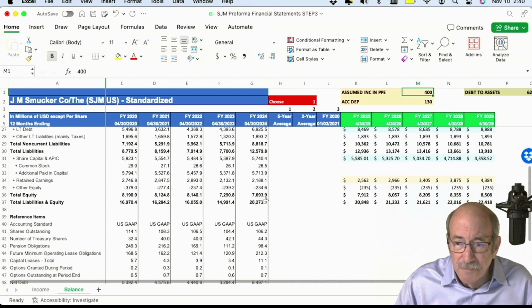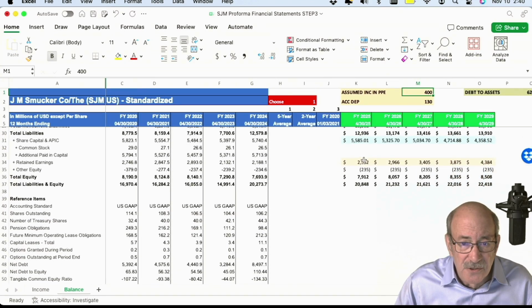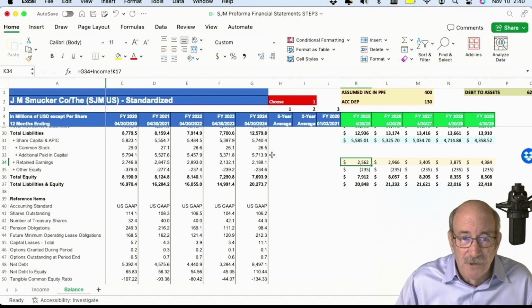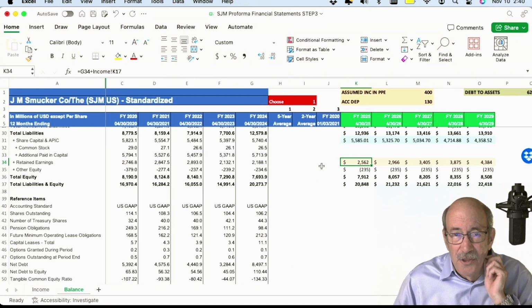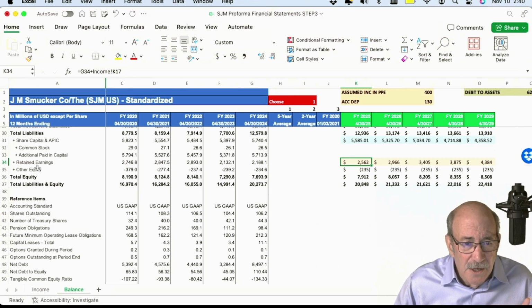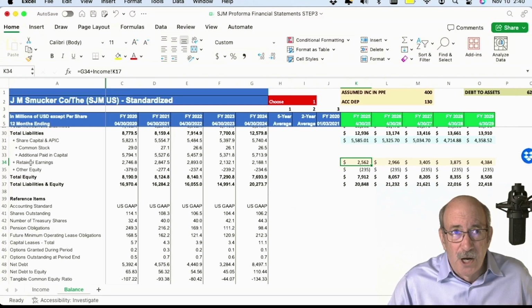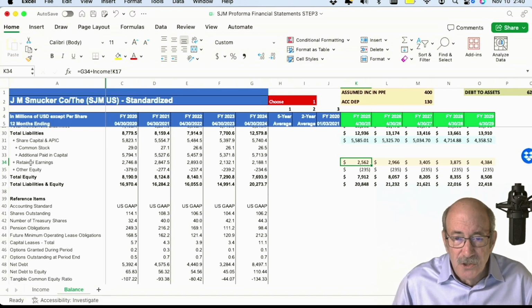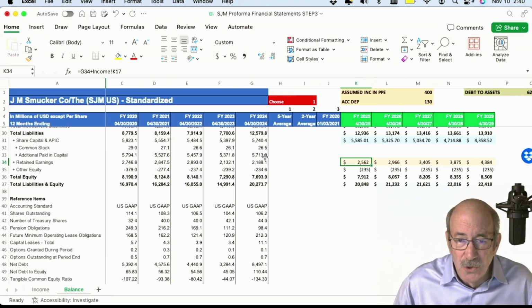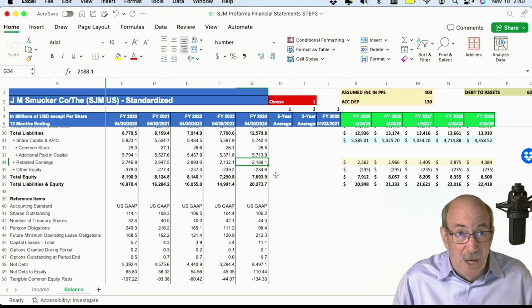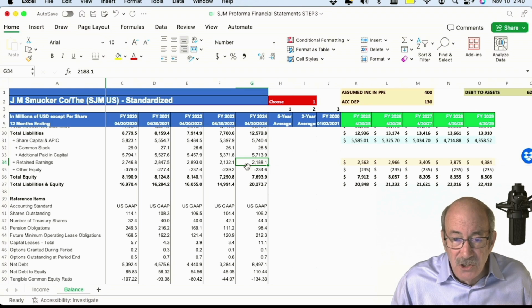Let's start with that. So I've highlighted this in a slightly different color to represent that, hey, this is a cell that is going to be changing based upon the income statement. And all of my retained earnings that I earned in prior years is accumulated in this account on the balance sheet, right? So no matter what I do, whatever net income I have, positive or negative, gets added to this amount from 2024.